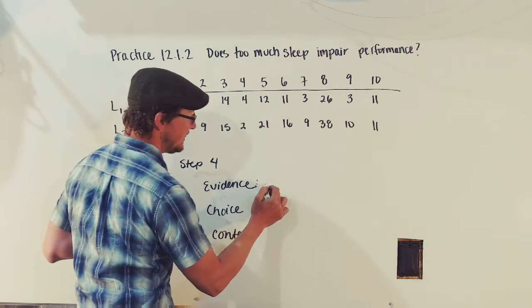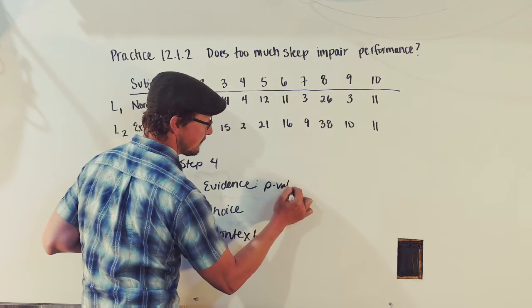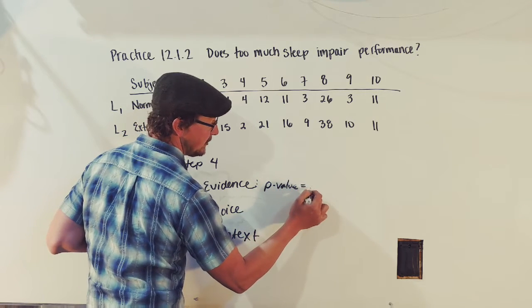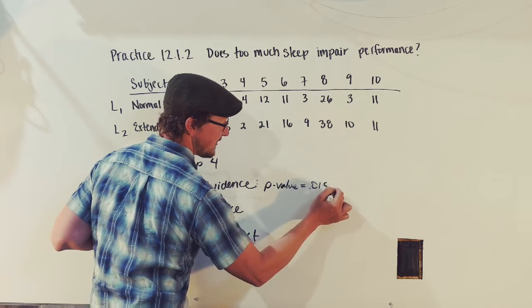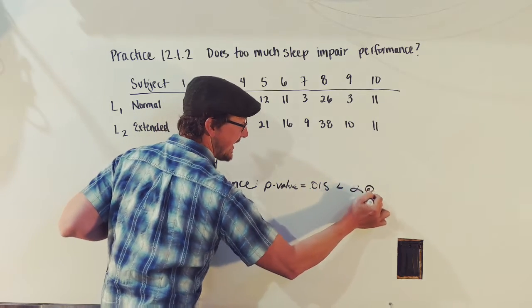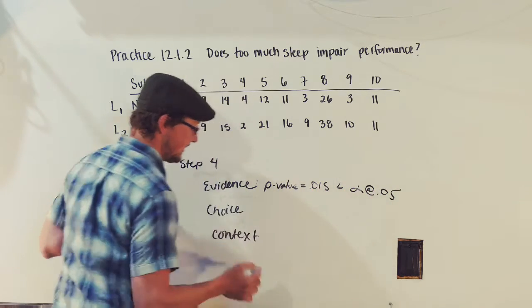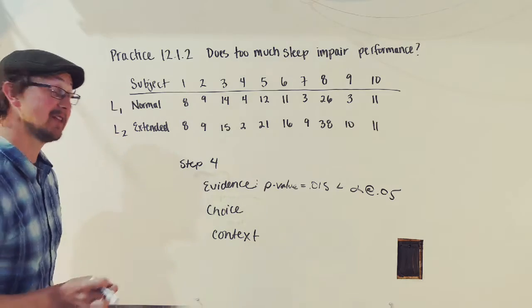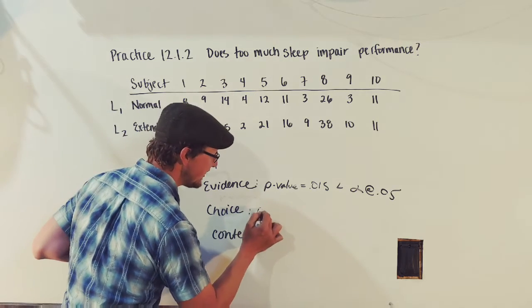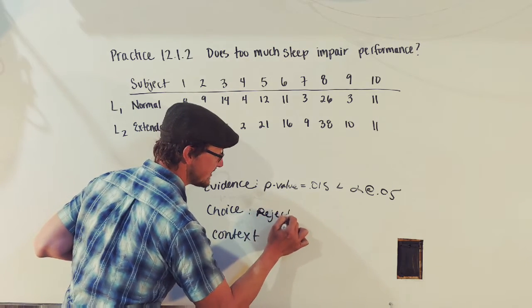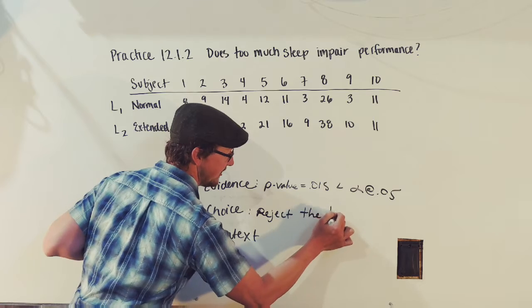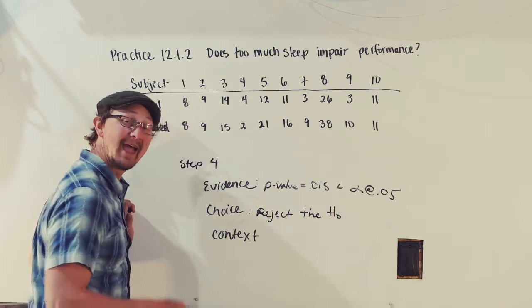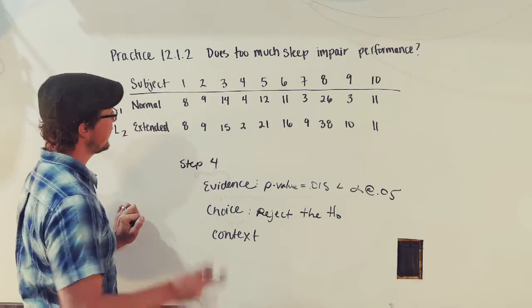So our evidence would be the p-value equals 0.015 is indeed less than alpha at 0.05. The choice, because p-value is lower, we are going to reject the null hypothesis. And what does that mean in the context of this problem?